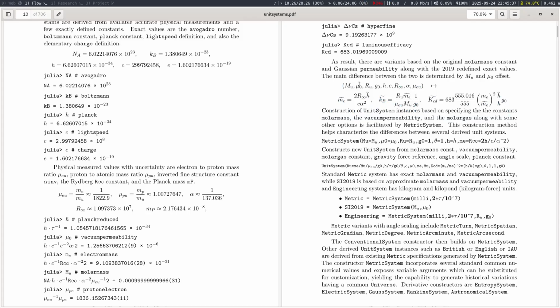There are many ways you can combine these constants to produce different kinds of formulas, but there's a particular reason why these are the inputs and these are the outputs, and it's because this is the metric system constructor, and it makes sense to abstract it in this way. But we're not going to get too caught up in why I abstracted these things in particular ways.